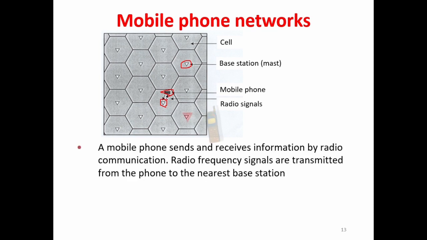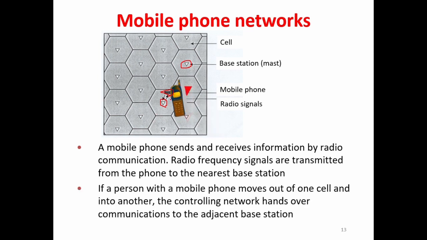But suppose you move around different cells, for instance, you are walking and talking with the phone. Once you go from this cell to this cell, the base station should be switched to another station that is responsible for the current cell, right?